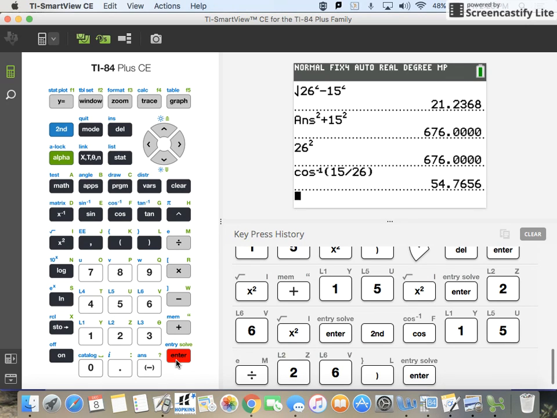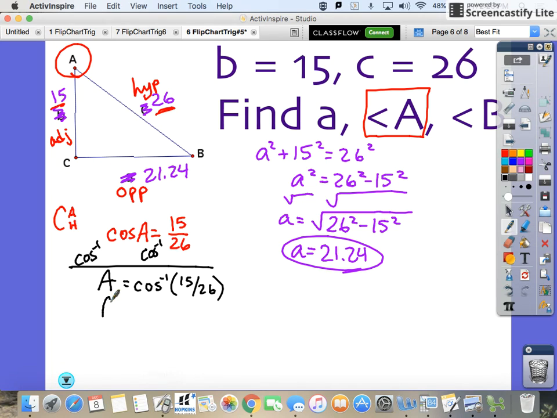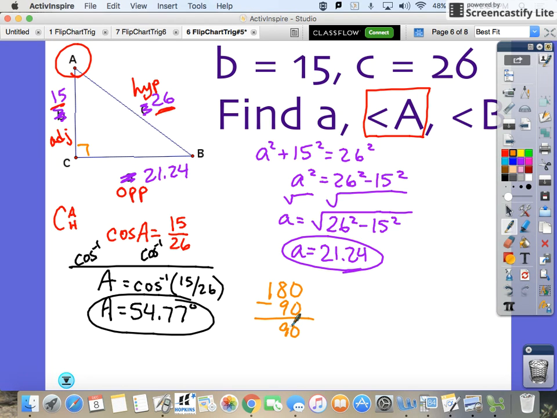And we got 54.77 degrees. So angle A is 54.77 degrees. To find the third angle, angle B, we'll go 180 minus 90 because this one is 90, minus 54.77 because of this one.